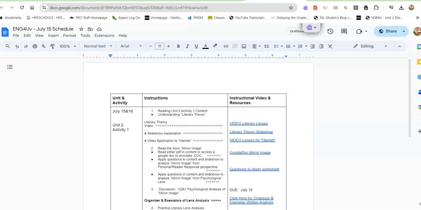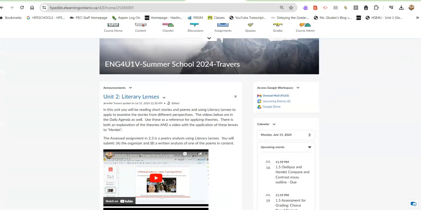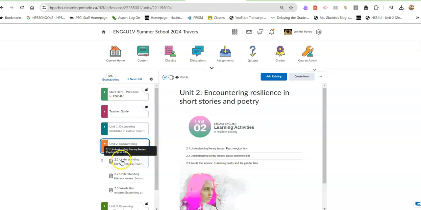Throughout Activity 2, and I'm just going to go from here into content. Throughout all of Unit 2 in 2.1, 2.2, and 2.3, 2.3 is where you're going to have your assessed piece.